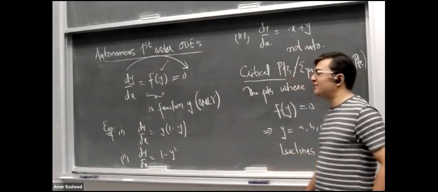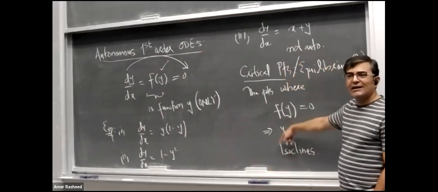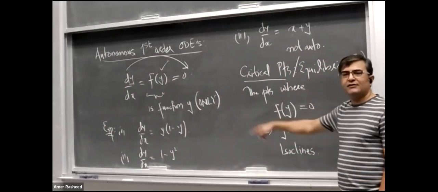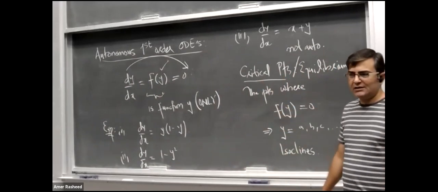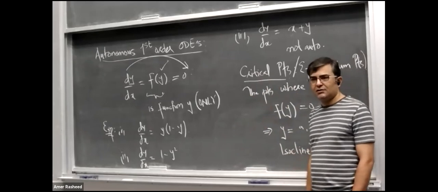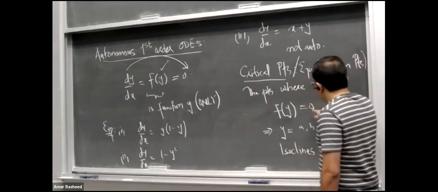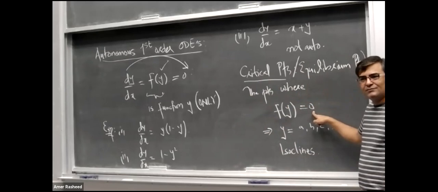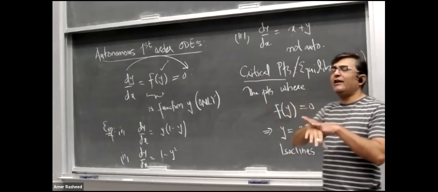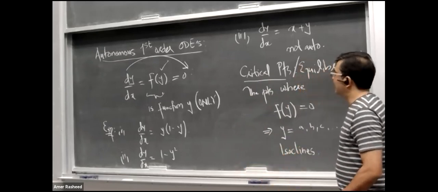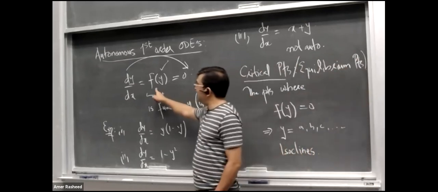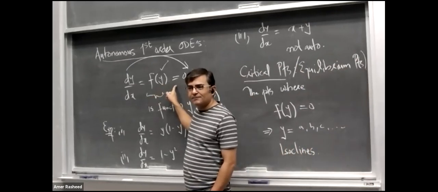But the isoclines which come from the critical points or the stationary points of that first order differential equation are not normal isoclines. Okay? In fact, we put it equal to 0. But normally, what is the definition of an isocline? Its definition is that the right-hand side is equal to a constant.